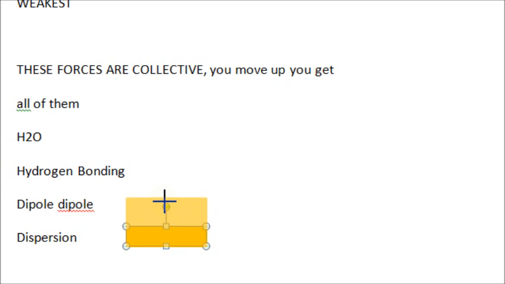So, whoop, now you got dipole-dipole and dispersion forces. And is there an H bonded to an N, an O, or an F? Well, yeah, there's two H's bonded to an O, so you got hydrogen bonding as well. You have all three intramolecular forces. You don't just have hydrogen bonding. You have hydrogen bonding, dipole-dipole, and dispersion.